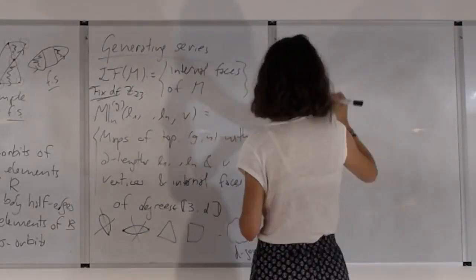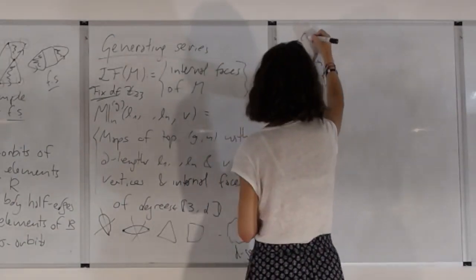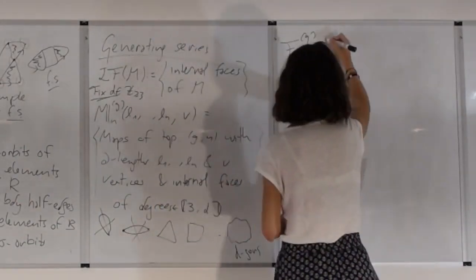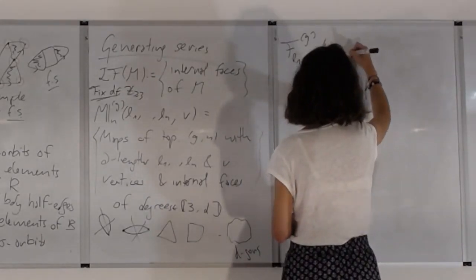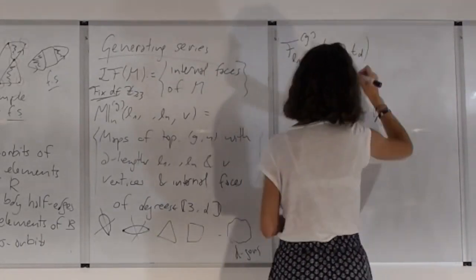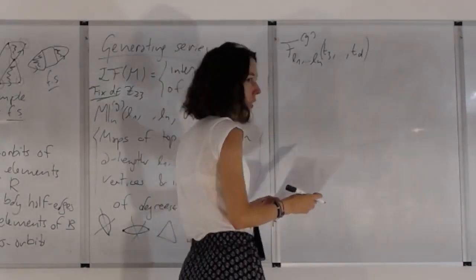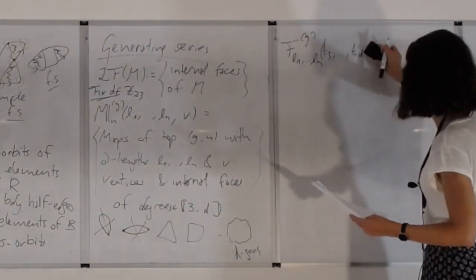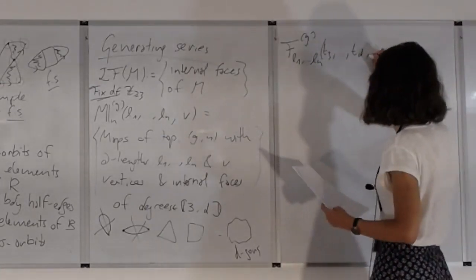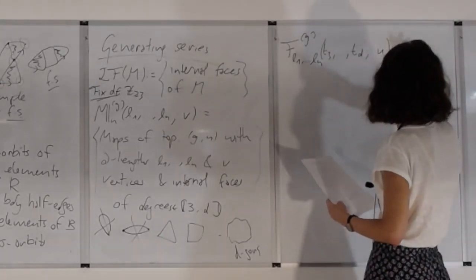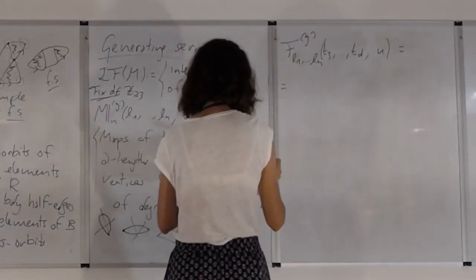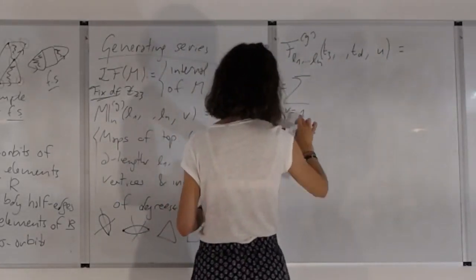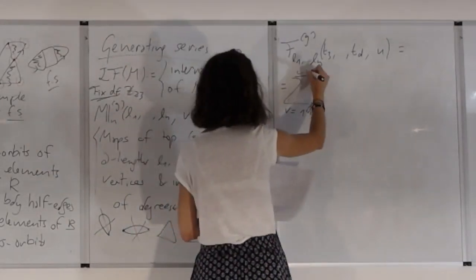So, the generating series of ordinary maps of fixed topology and fixed lengths, with these parameters for the internal faces that we will omit most of the time. And there is also a parameter u for the vertices. This will just be the sum over possible numbers of vertices, from 1 to infinity.